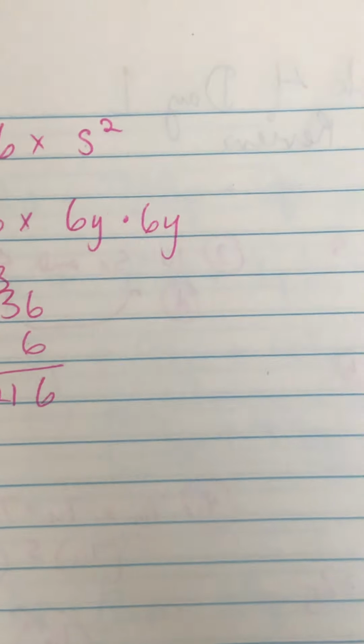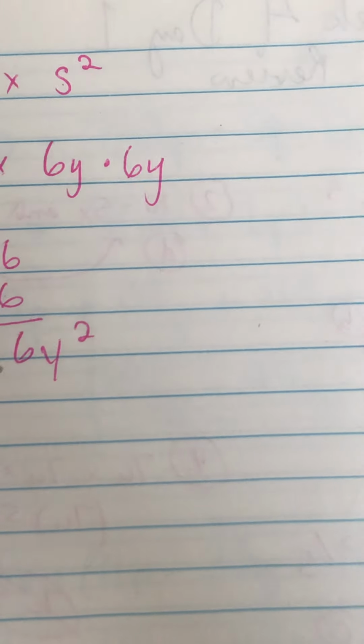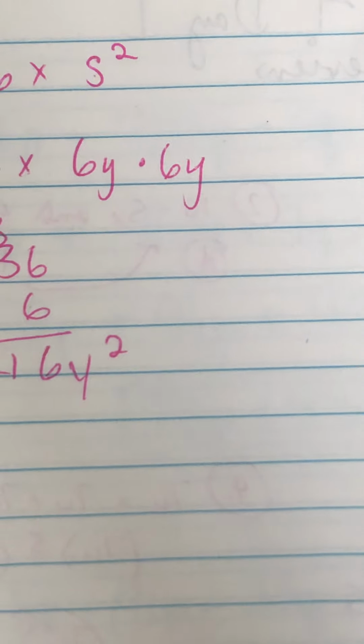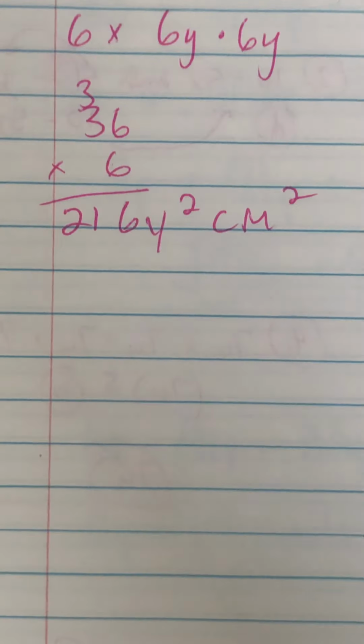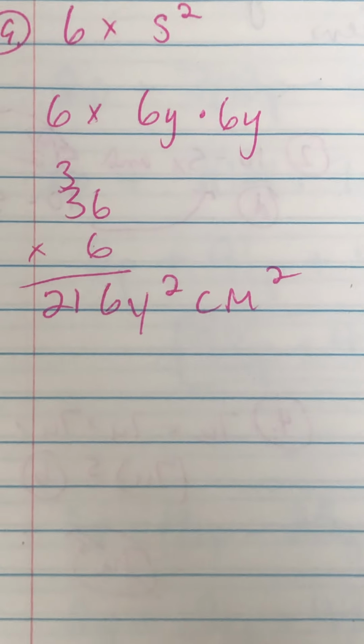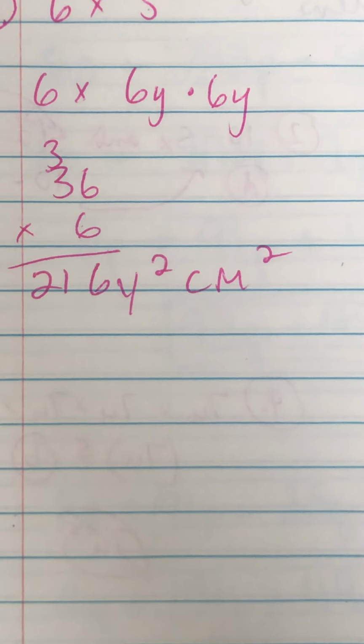So 216, and then we have y squared, or y to the second power, right? 216y squared centimeters squared. And that's that. So which one is that? 216y squared centimeters squared. That is letter C.